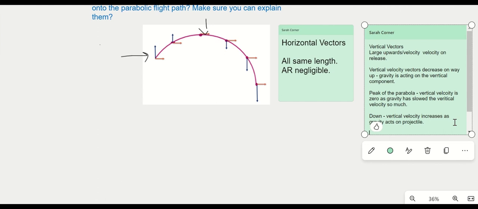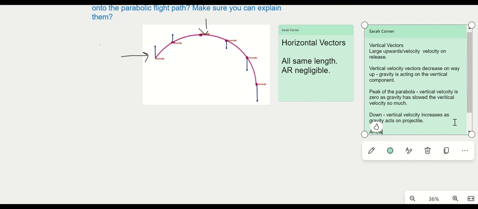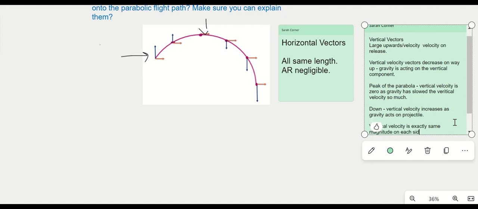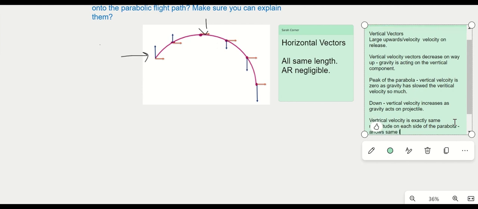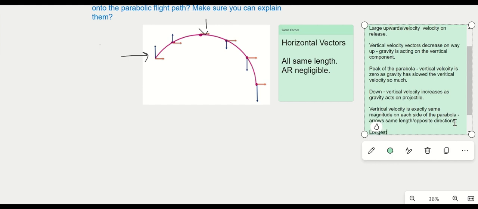The other thing you'd need to note is that the vertical velocity is exactly the same magnitude on each side of the parabola or the arc, and the arrows will be the same length but in opposite directions.